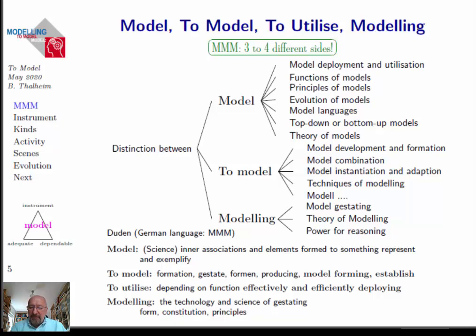And finally, we want to have some kind of understanding of what it means: modeling as an art, as a science, as maybe a culture. In German we have it simpler. We use the words Modell, modellieren and Modellierung, and for this reason we might have a problem translating the MMM notion to an English version. So we use maybe 4 different sides.